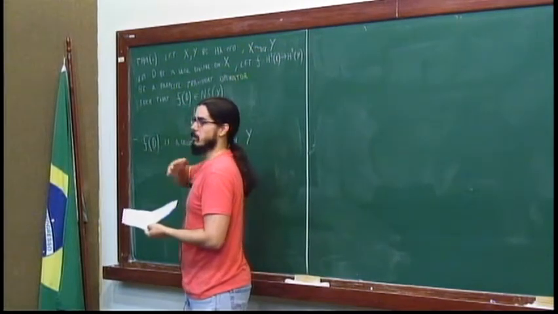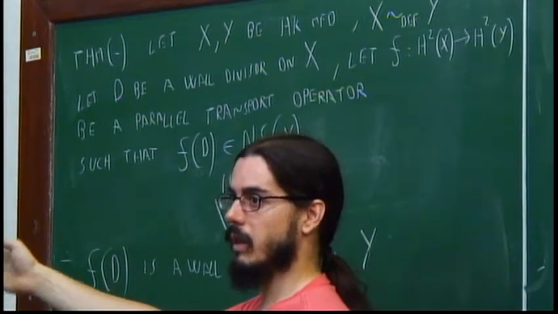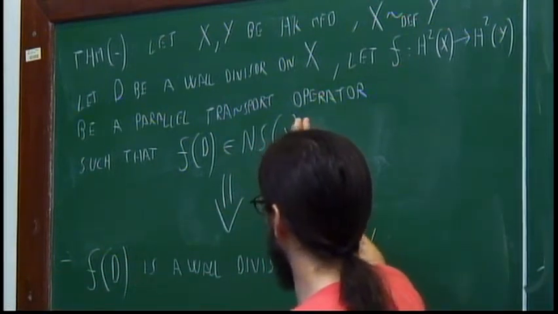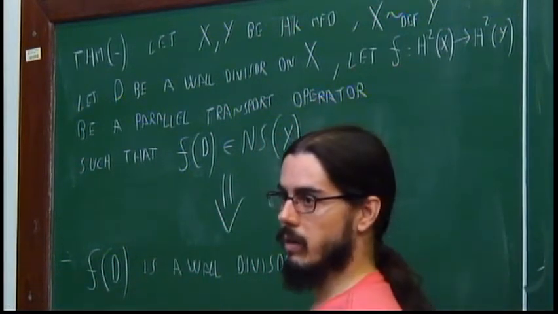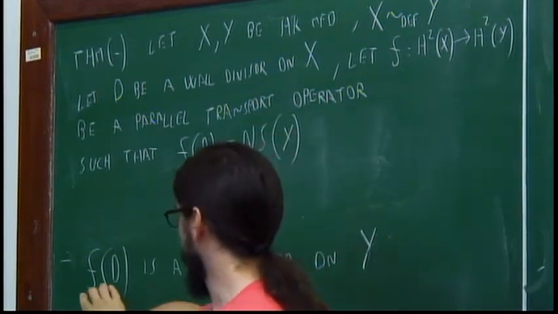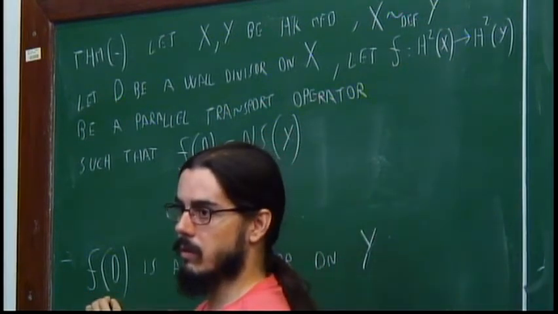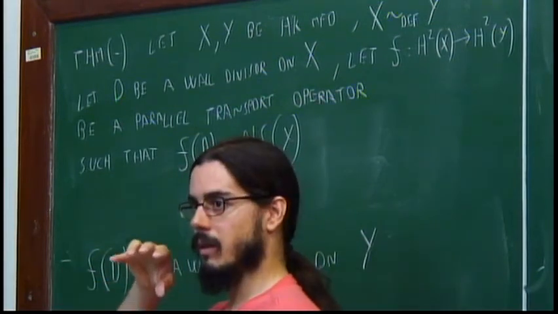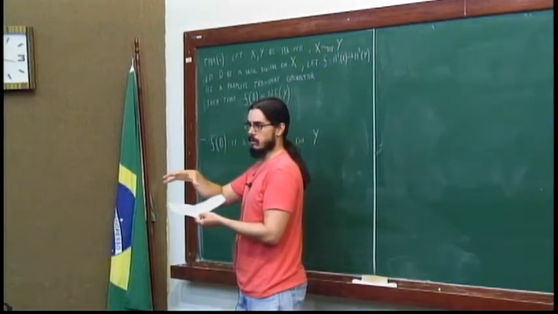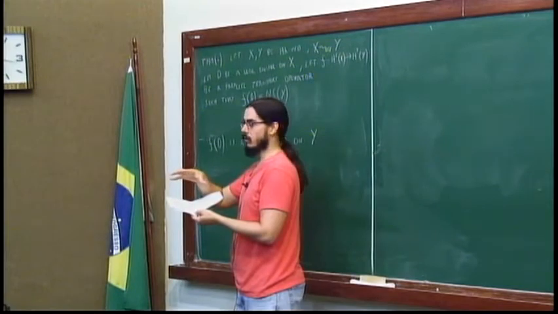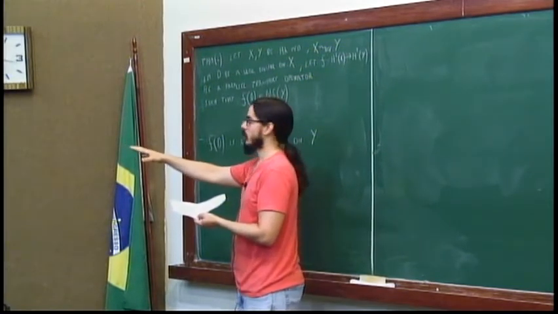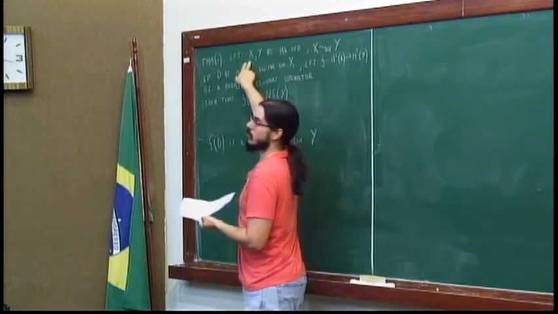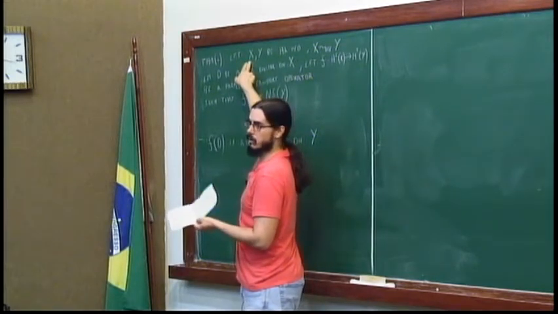I have a nice period domain associated to it. I've got a period map. And I suppose that there is some point somewhere where this element is not a wall divisor. And from that point, I can construct enough twistor lines to cover all the period domain. And I get a contradiction on the initial assumption that this divisor was a wall divisor on X.